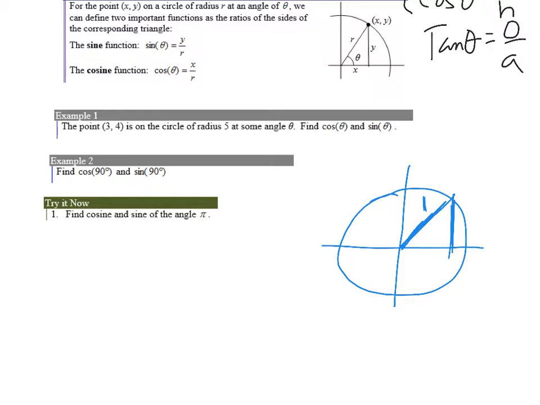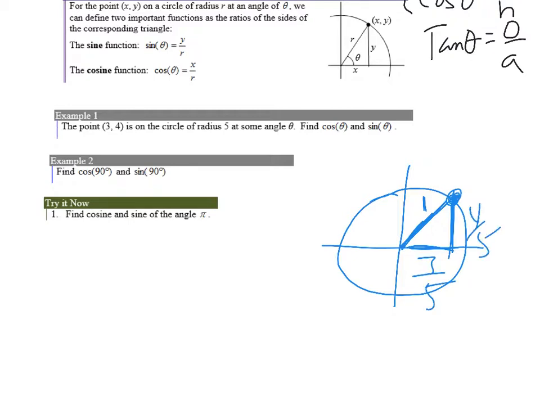So that tells me the y value is 3 over 5, the x value is 4. Actually, do I have those backwards? I have those backwards. Let me undo it. This will be 3 over 5, and this will be 4 over 5.